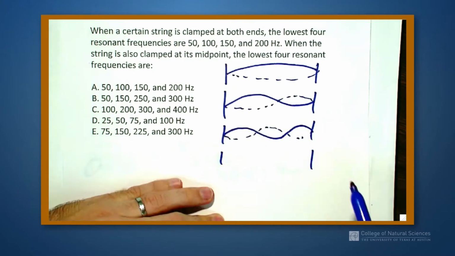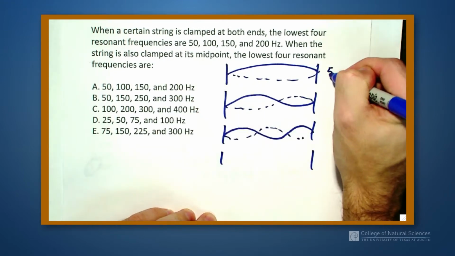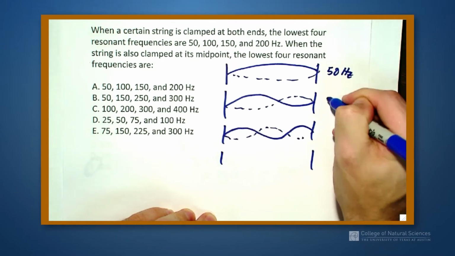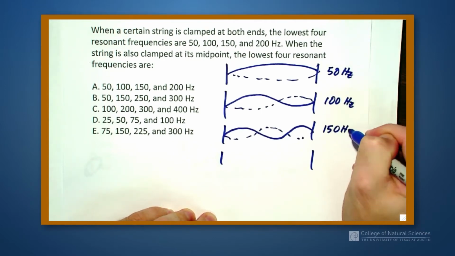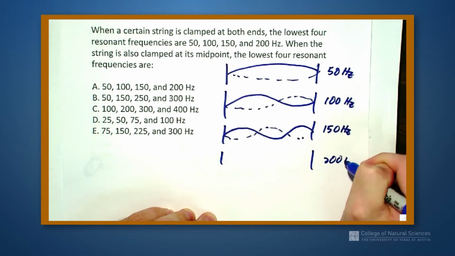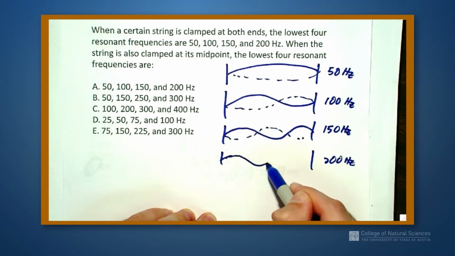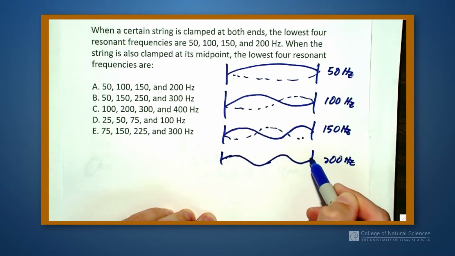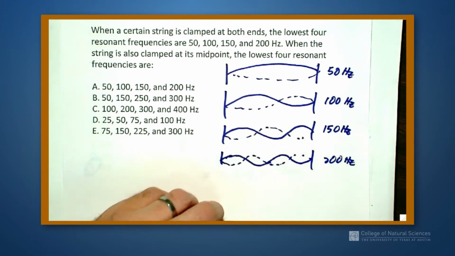I have the four lowest resonant frequencies to be 50 hertz, 100 hertz, 150 hertz, and 200 hertz. So hopefully this is what your picture looked like.